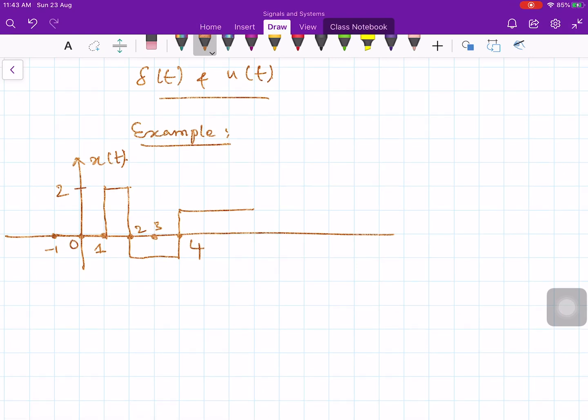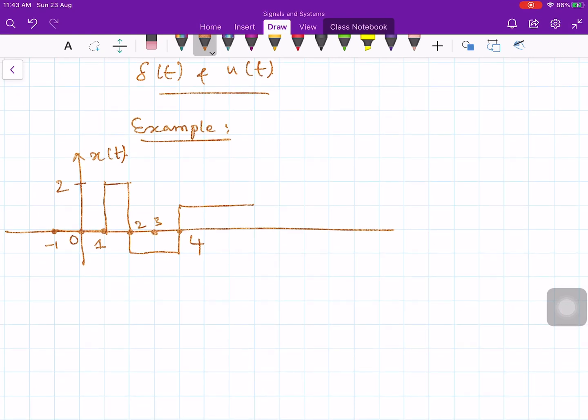Now we would like to find the derivative of x of t. Let me denote the derivative of x of t by x dot of t, where x dot of t is defined as d by dt of x of t. Specifically, the derivative of x of t is clearly 0 except at discontinuities. In this constant region, the derivative is 0, and here the function is constant at minus 1.